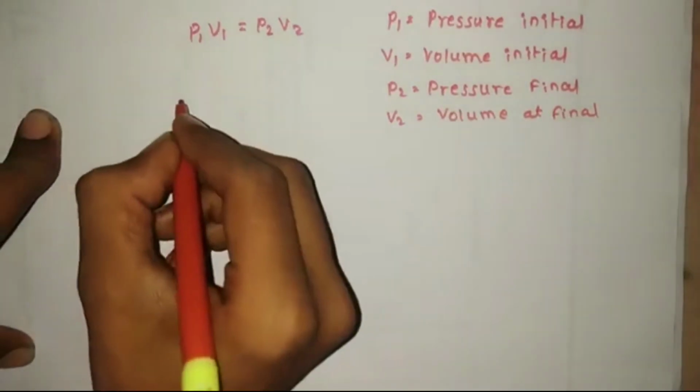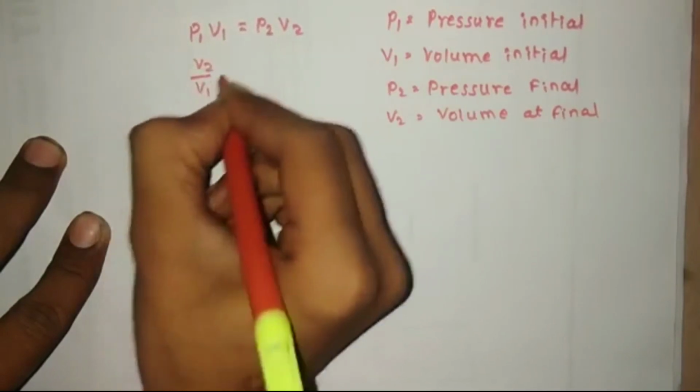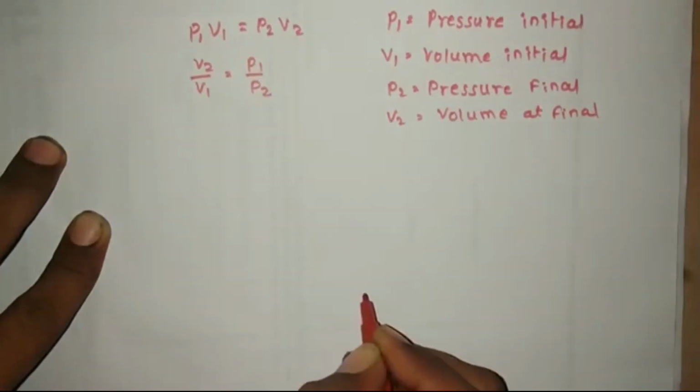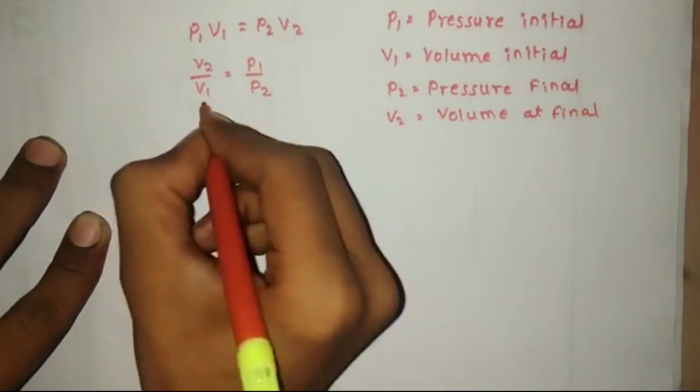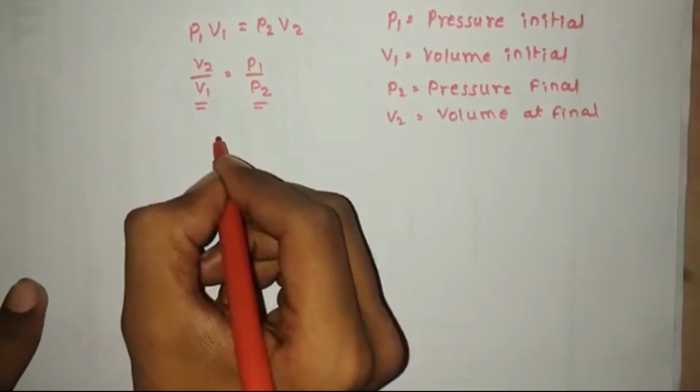From this we get V2 by V1 equals P1 by P2. Now put the value of V2 by V1 as P1 by P2 in the maximum work equation.